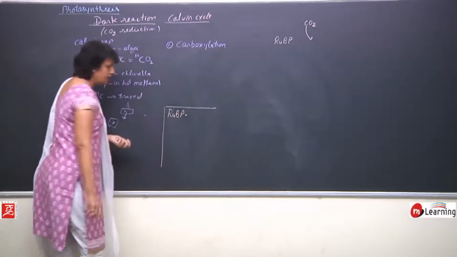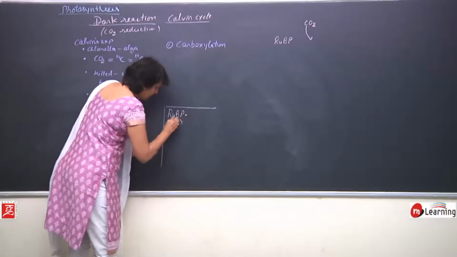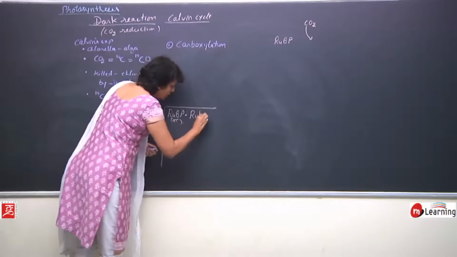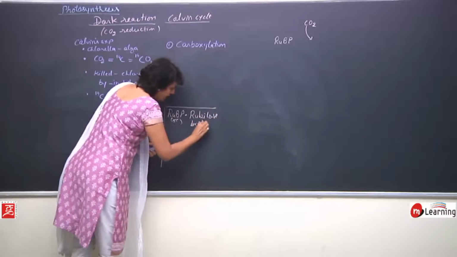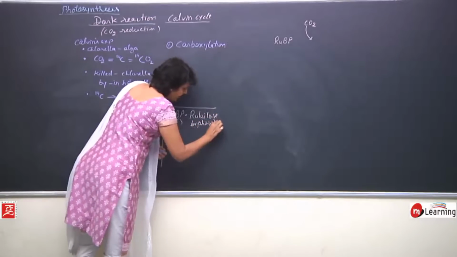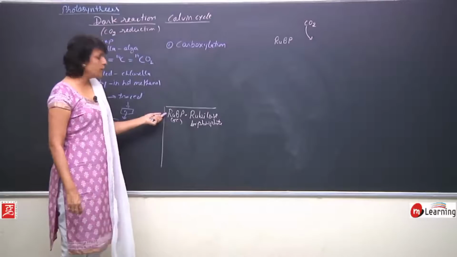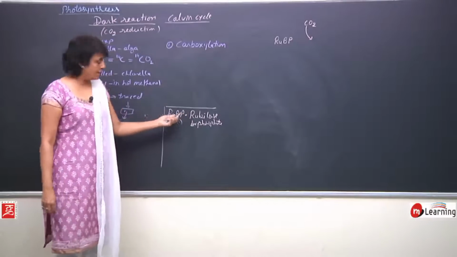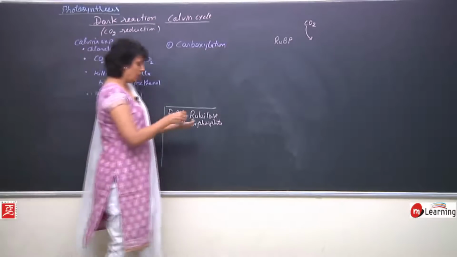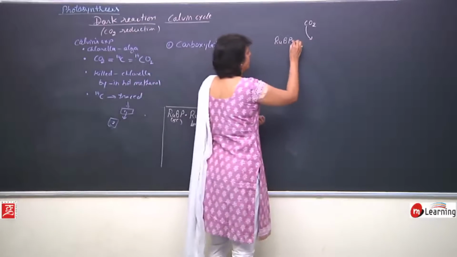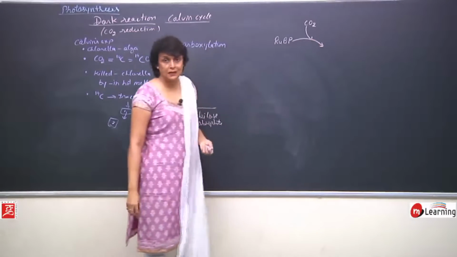RuBP is a 5 carbon compound. It is called ribulose bisphosphate. Earlier it was called RuDP, diphosphate, but this is the newer name given to it. So this carbon dioxide is accepted by RuBP.